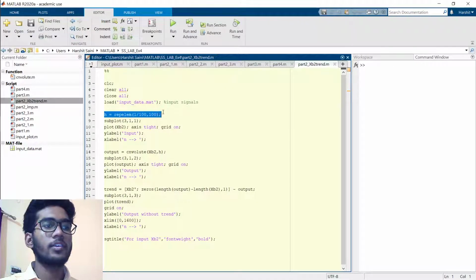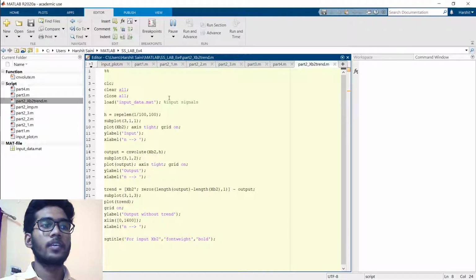Here we first create our impulse response using repeat element 1/100, and in this we first convolve our signal, then we use a difference equation between our input and the convolved signal to get our output signal without the trend, and we use zero padding in the signal depending on the value of n.